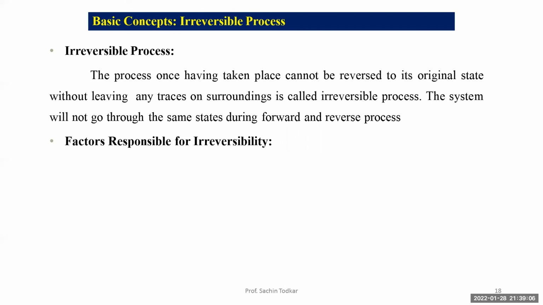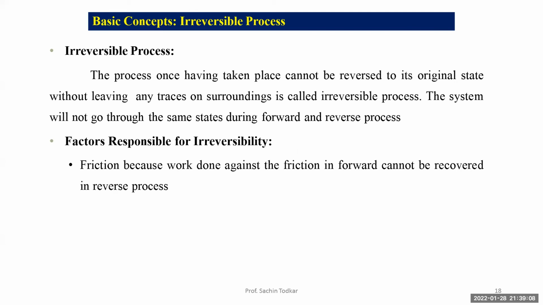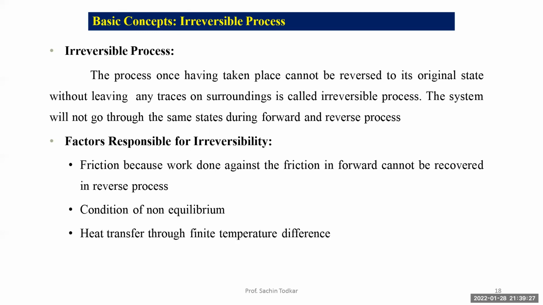Factors responsible for irreversibility: first one is friction, because work done against friction in the forward process cannot be recovered in the reverse process, and friction occurs in every phenomenon. Then the condition of non-equilibrium, because the total path will be in a non-equilibrium state. Heat transfer through finite temperature difference. And the last is mixing of two different gases. That's why the processes are irreversible.